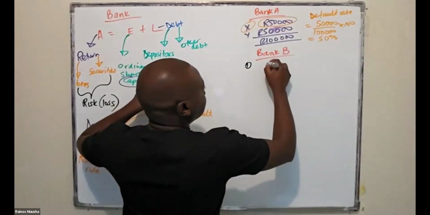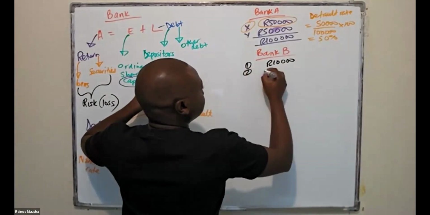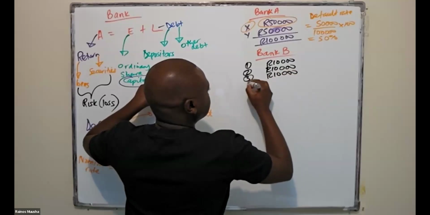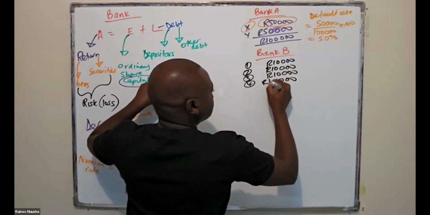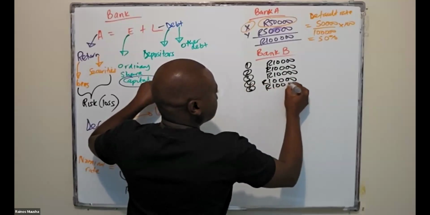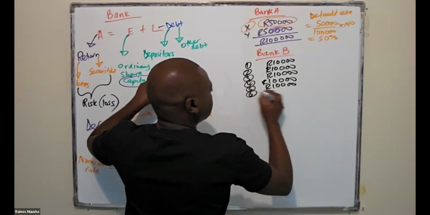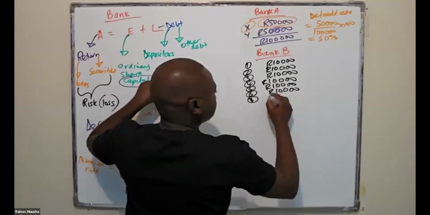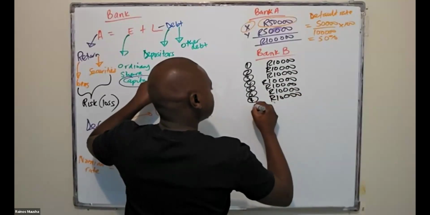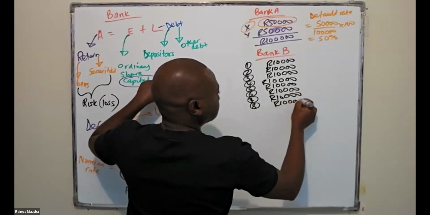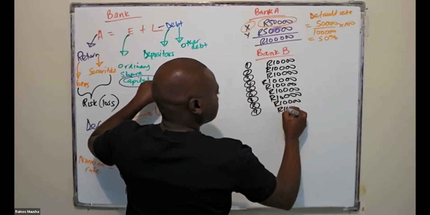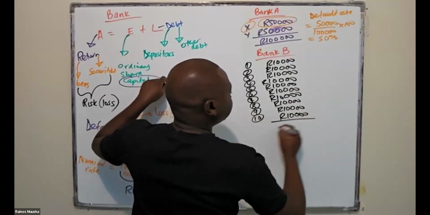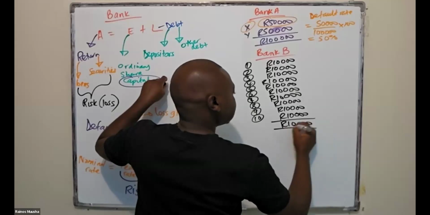So there's customer 1, they give this customer 10,000, customer 2, 10,000, customer 3, 10,000, and so on, which makes it a total of what? 100,000.